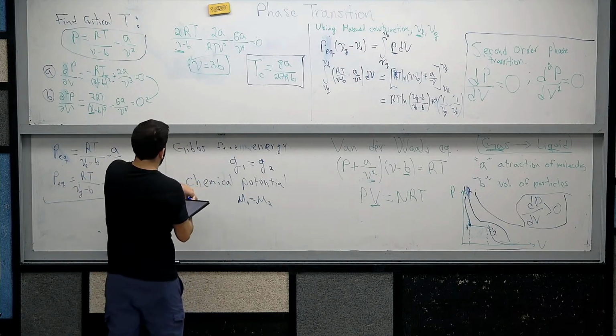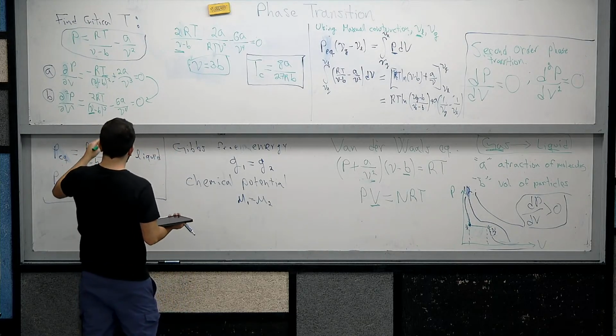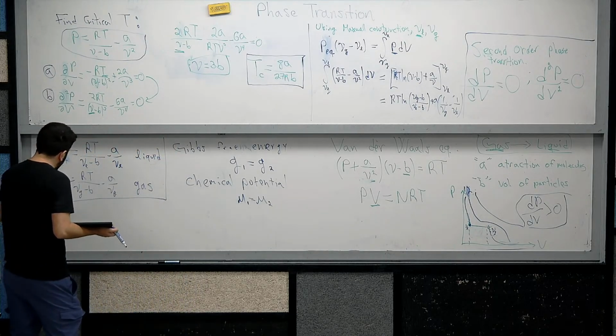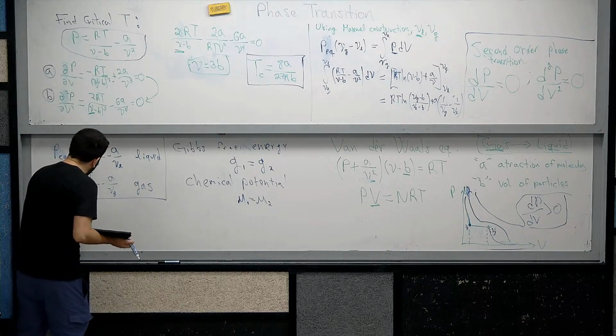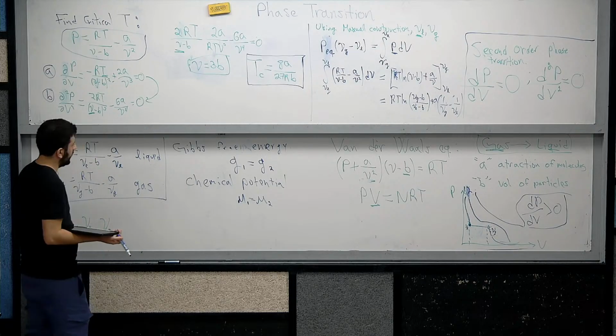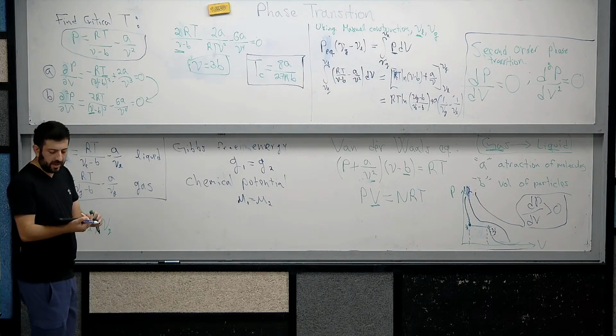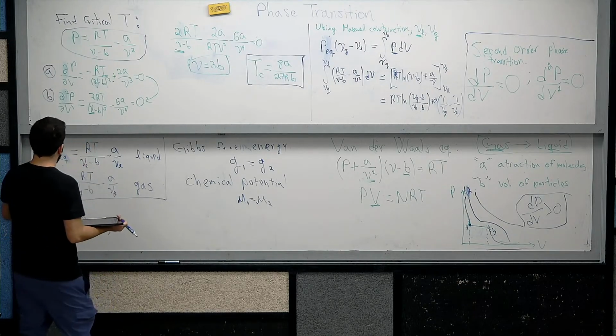So we have three things that we don't know. We don't know the pressure at equilibrium, we don't know the molar volume of the liquid, and we don't know the molar volume of the gas, right? But we actually have three equations, so we can solve this.